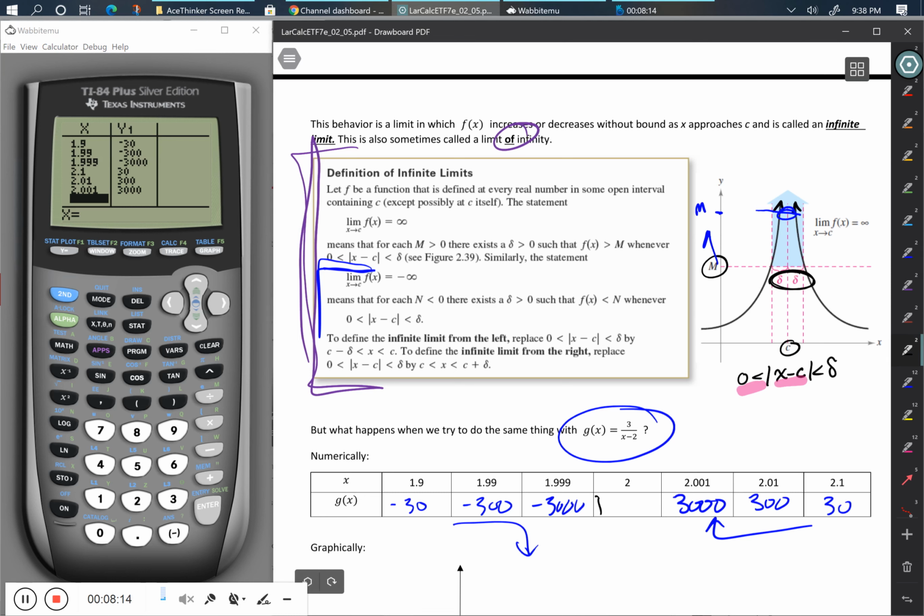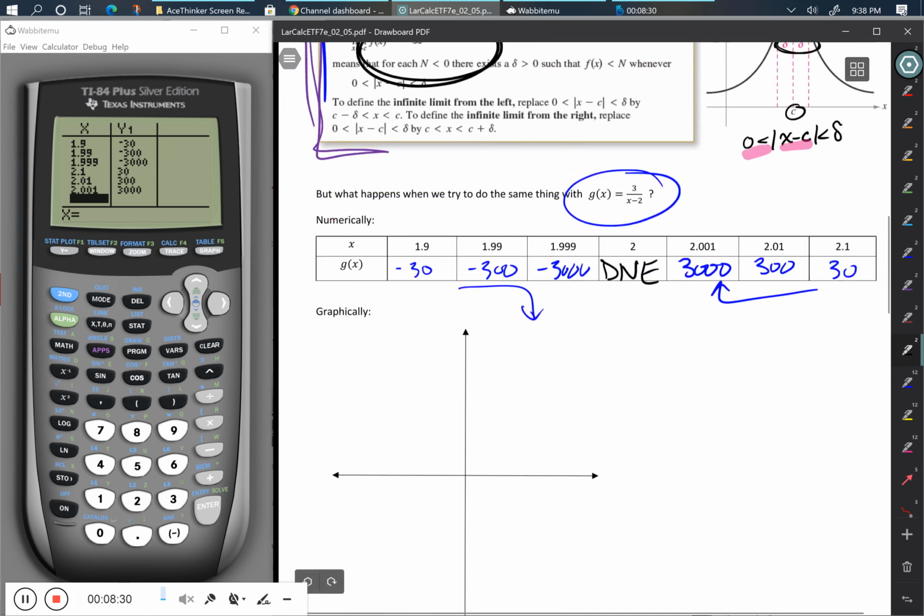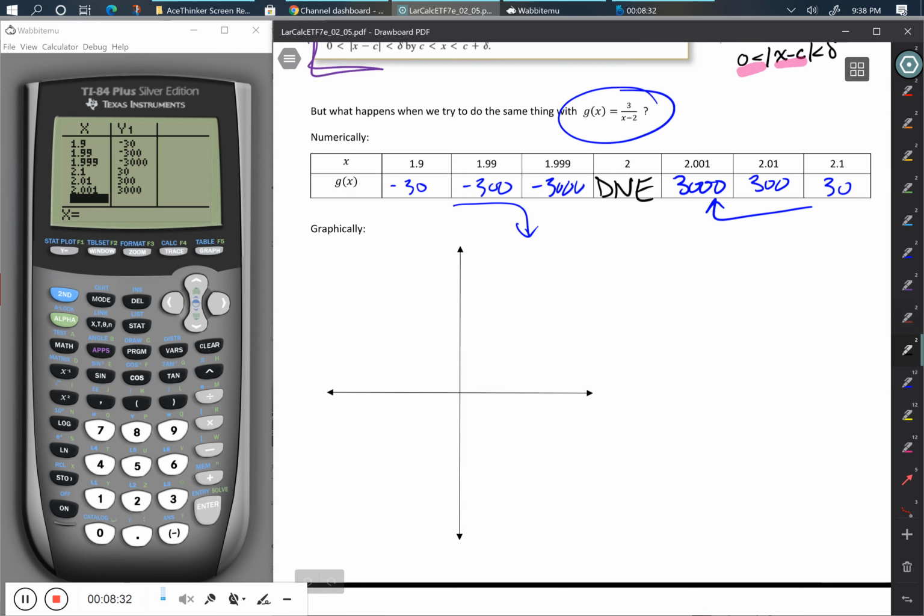Well, we are going to say that the limit does not exist. And why are we going to say does not exist this time? Well, we only say that the limit is equal to infinity or negative infinity if both sides go to the same direction.